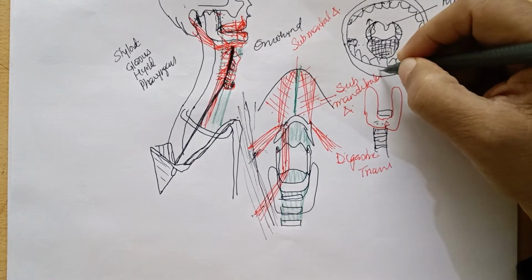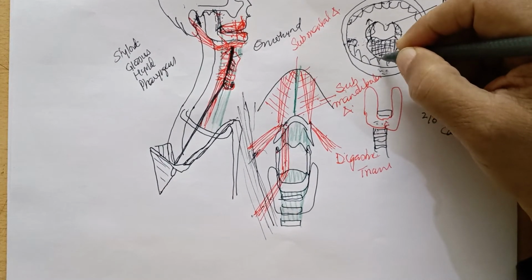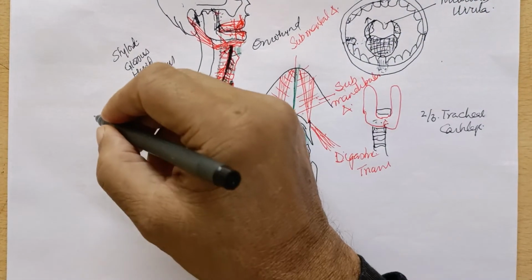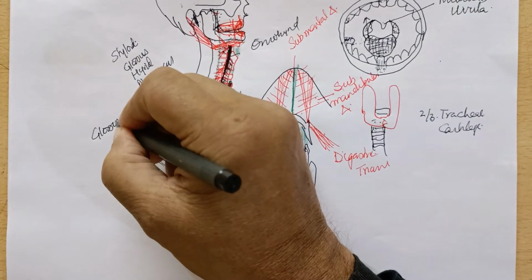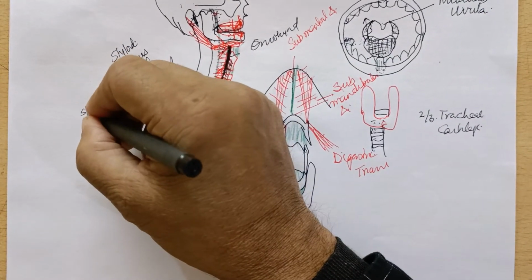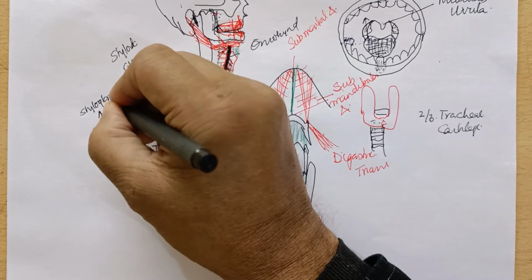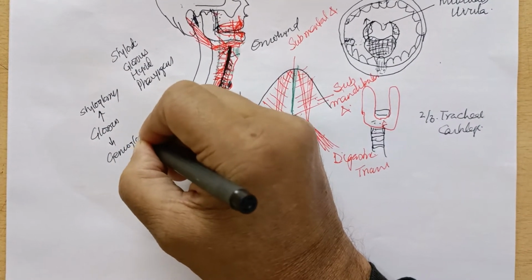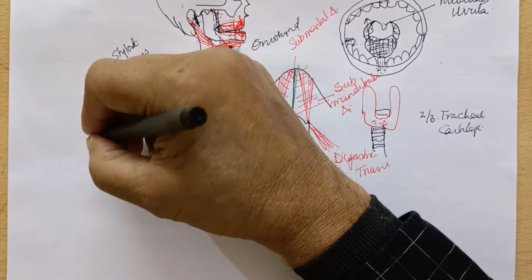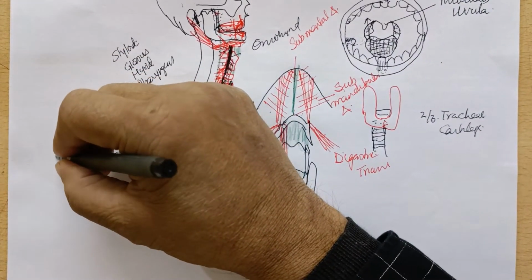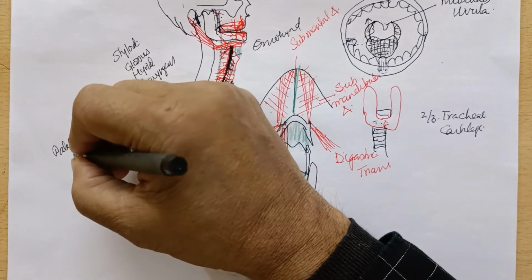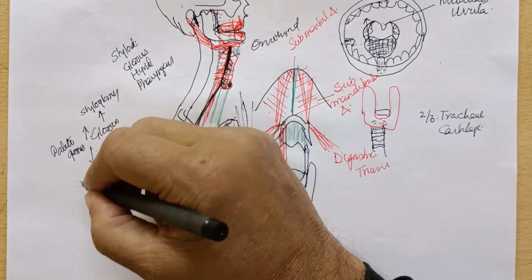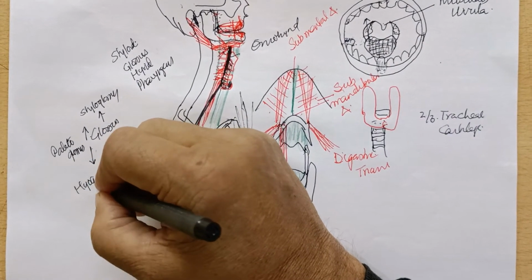Now the styloglossus would pull the tongue backwards, and genioglossus arising from the mandible, so the tongue would be pulled backwards by styloglossus, forwards by genioglossus, upwards by palatoglossus, and downwards by hyoglossus.